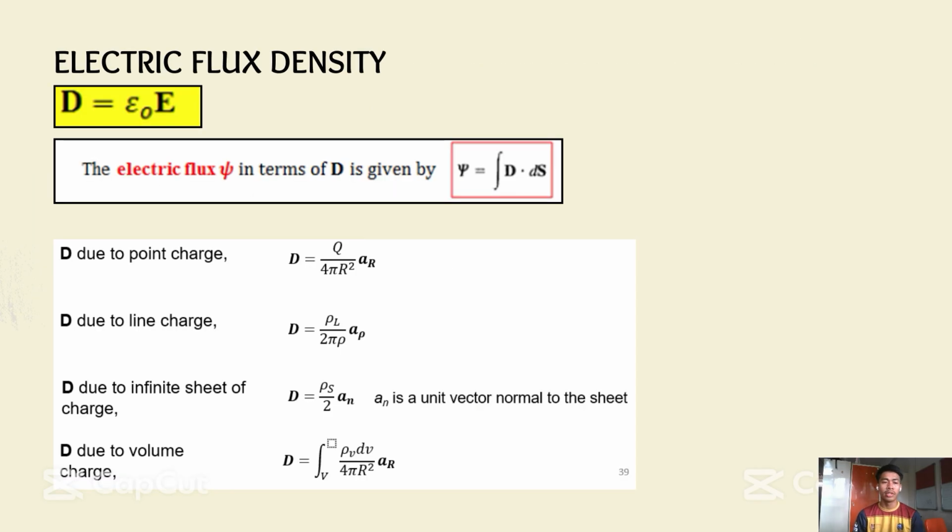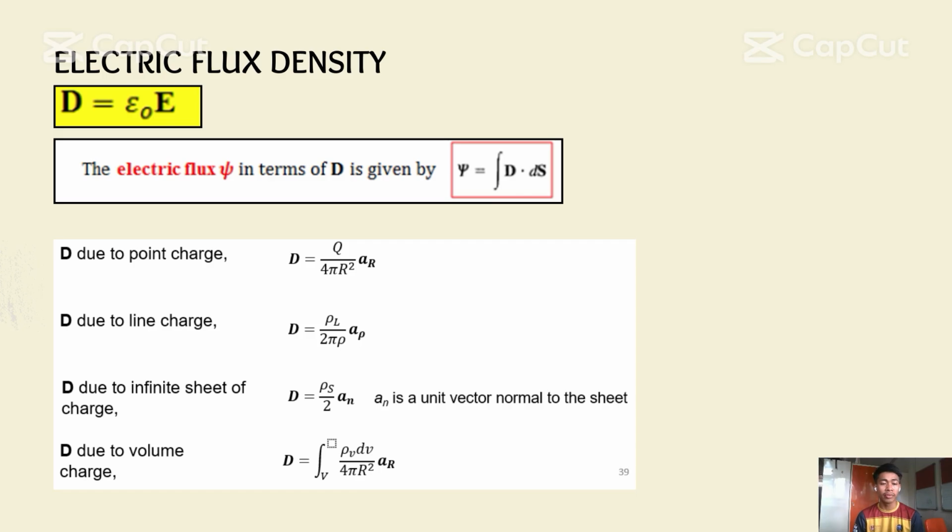Okay, the next one is electric flux density, which is D equals epsilon naught E. So, D due to a point charge: the formula is D equals Q over 4 pi R squared, times the unit vector. Due to line charge, D equals rho L over 2 pi rho, times the unit vector.